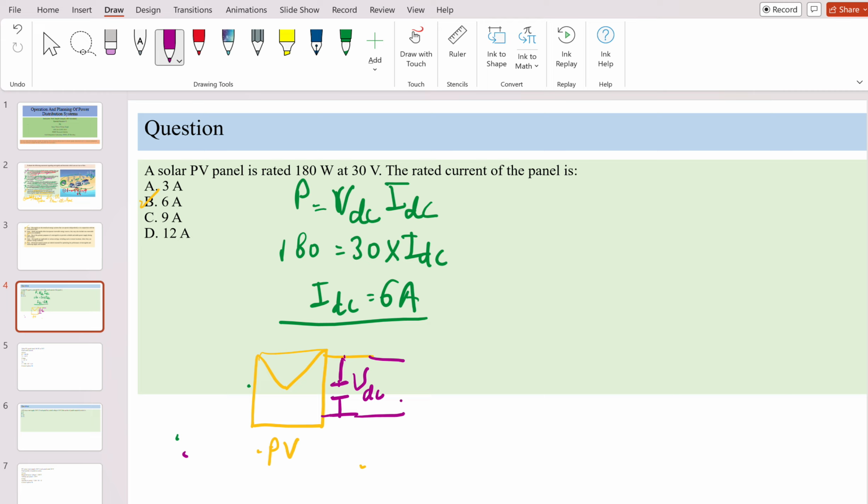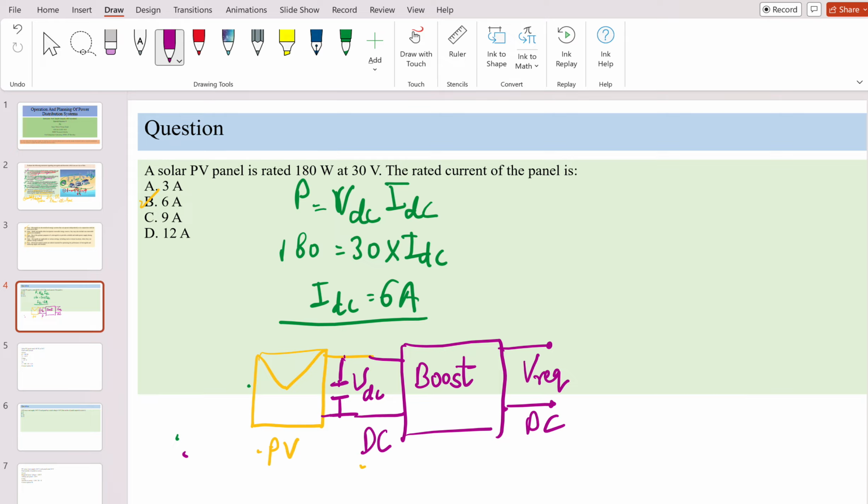And then you have a boost converter, to boost the voltage to what is required. Suppose I require a certain V requirement; you boost the voltage from the level you are currently getting from the PV side. Then this is also DC, and this is also DC you are getting.